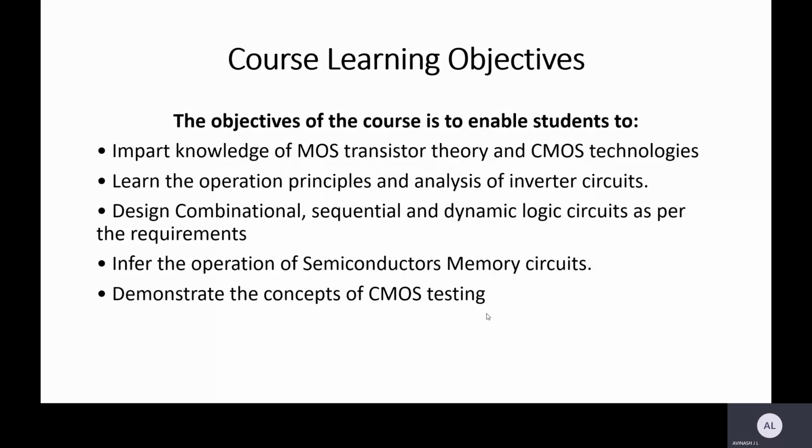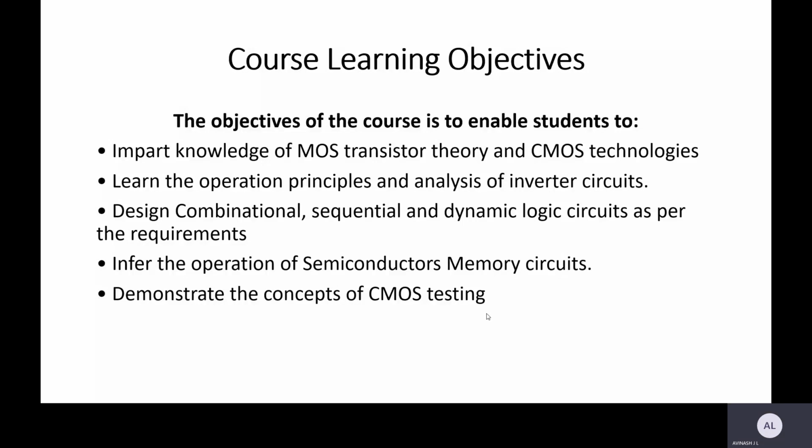The next objective is to learn the operation principles and analysis of inverter circuits. Once we have the knowledge of CMOS technologies, we go to the next level, where we learn the operation principles.